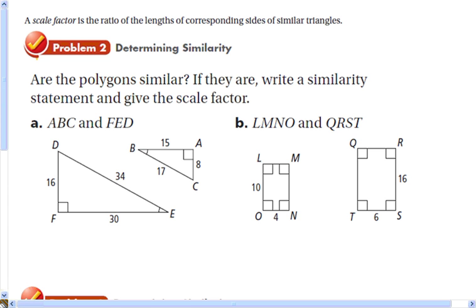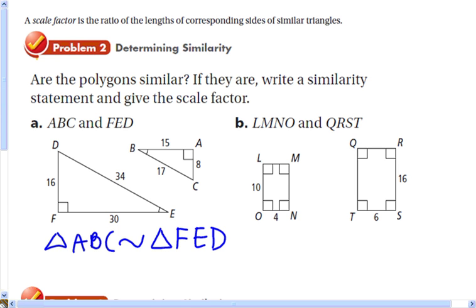As the angles are marked, if they are similar, we would say ABC is similar to FED, just putting the appropriate angles together there.